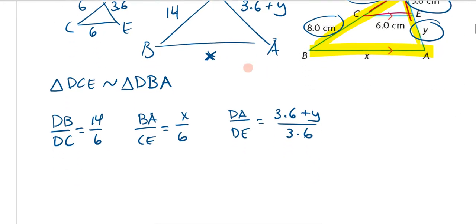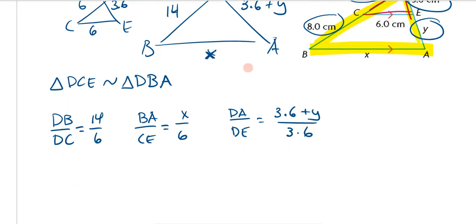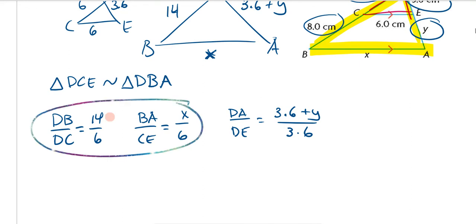Now, if these two triangles are similar, then these three scale factors should be the same. So what I can do is equate the scale factors to each other. I can say 14 over 6 equals x over 6.